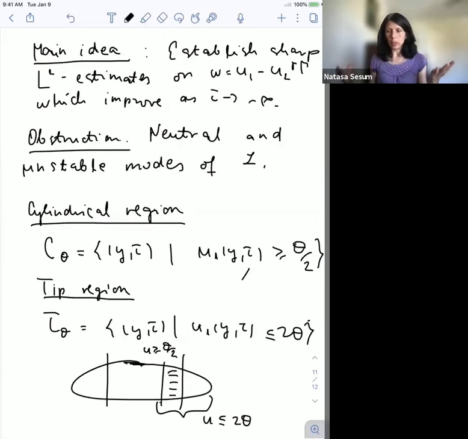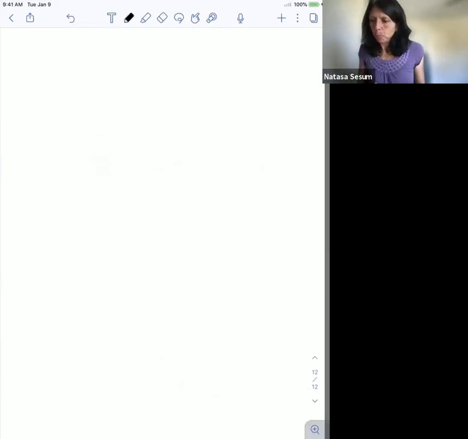Okay, since you have two different kinds of behaviors, you have to use the cutoff functions for the tip region and also for the cylindrical regions, right? And then what you prove by doing all this and putting these estimates together is the following thing.